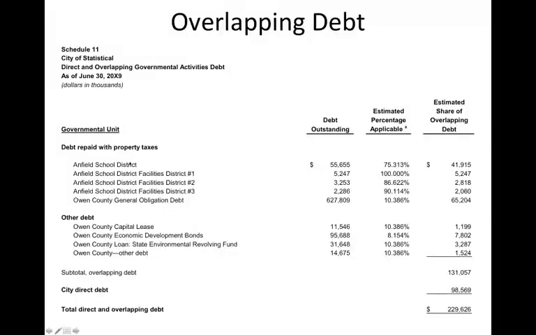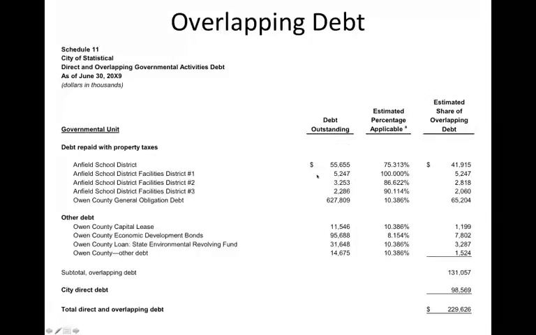Governments aren't required to separate the debt like this, debt repaid with property taxes and other kinds of debt, but some will. If they do, or if you can figure out which debt listed in the schedule is like this, it's helpful if you're looking at GO debt in particular, or general tax-backed debt as well, to be able to look just at those repaid with property taxes, for instance, as opposed to those that are repaid from other resources.